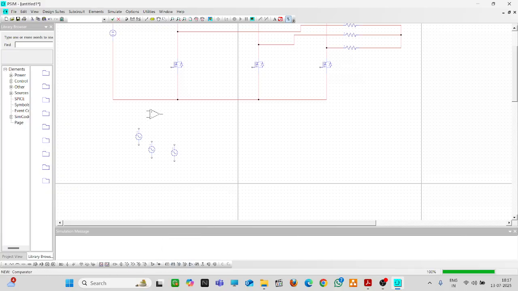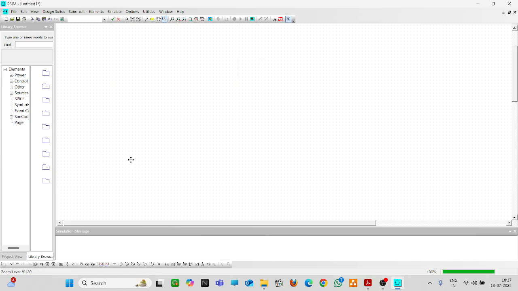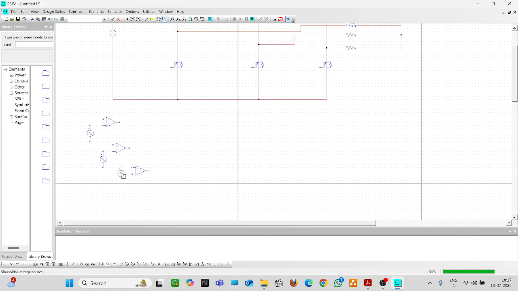I will connect here only for simplicity. I will have to provide the phase shift accordingly because there are three legs and three legs will operate at different instances.